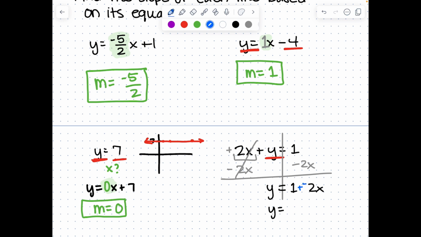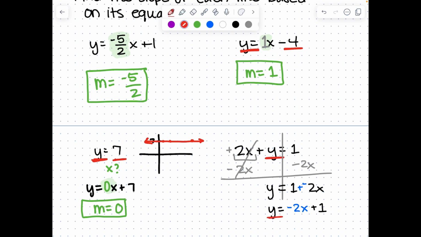Once we realize that, addition is commutative, and I can flip-flop these. I can put my negative 2x first, and then my positive 1 second. So I realized that subtraction was adding a negative, and I used the commutative property of addition, and now we are perfectly in slope-intercept form.